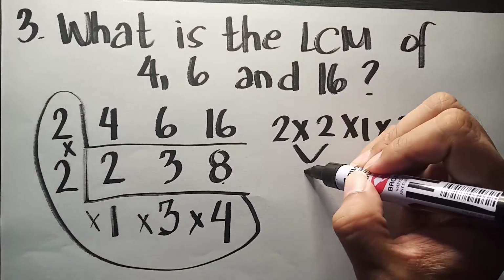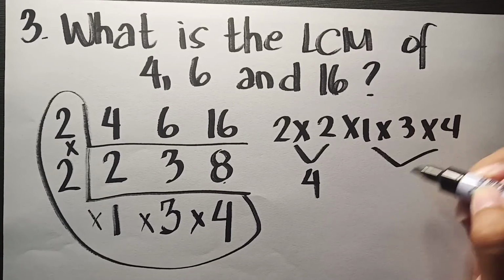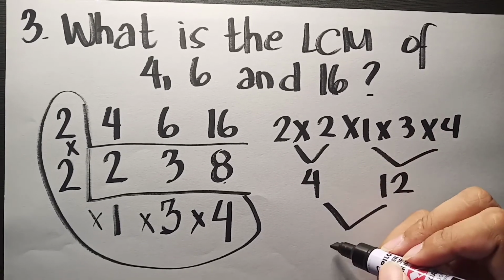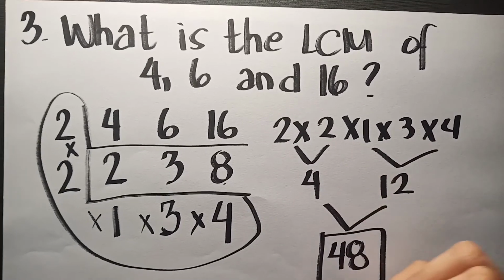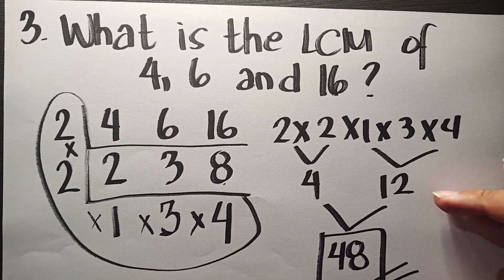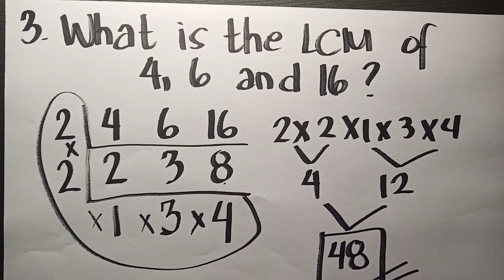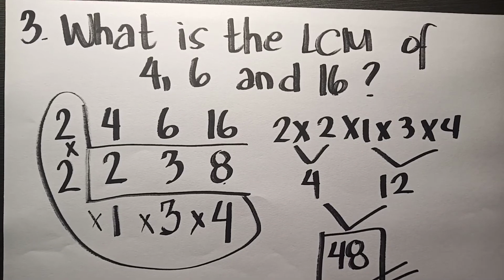So 2 times 2 is 4. 1 times 3 is 3 times 4 is 12. Then 4 times 12 is equal to 48. So 48 is the least common multiple of 4, 6, and 16. And that's it. That's how we find the least common multiple using the ladder method.